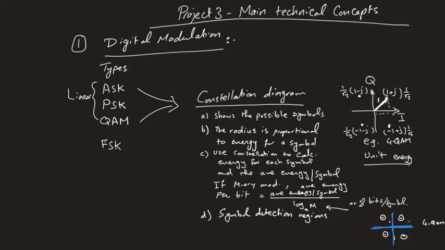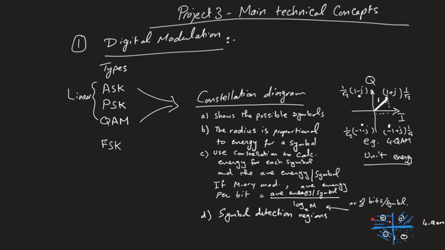So eventually I end up with 4 regions, right? This is 1, this is 2, this is 3, and this is 4, right? So I end up with 4 regions, and whatever symbol I receive, the decision depends on the region that it falls in. So for example, this one I received like this.